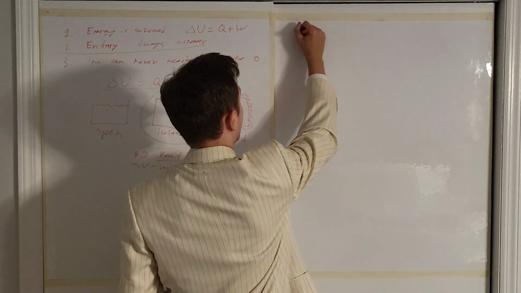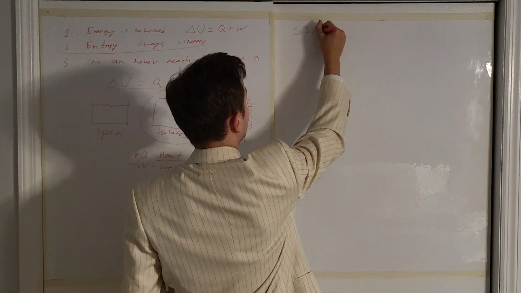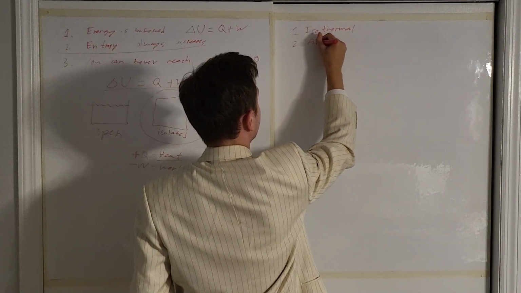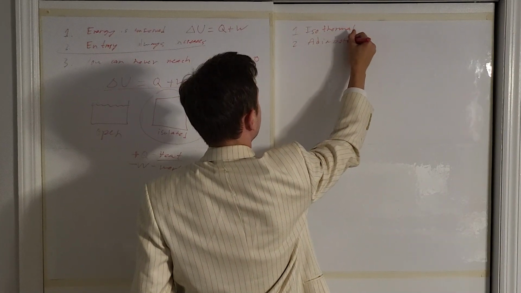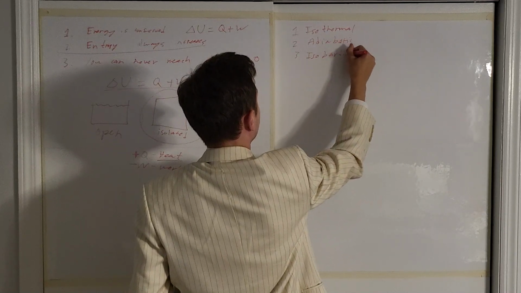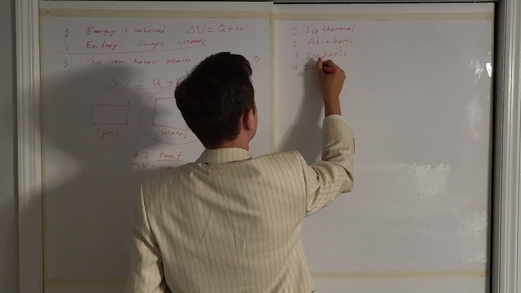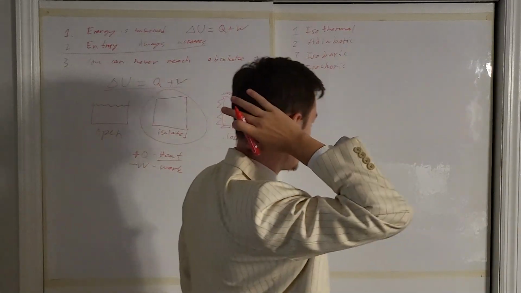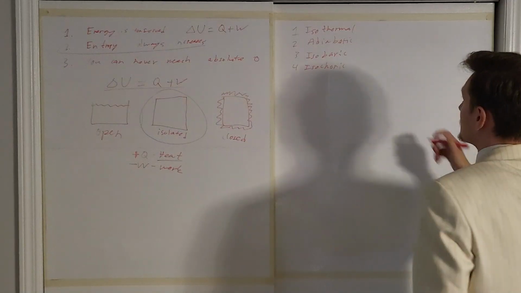You have 1, the isothermal, 2 is the adiabatic, 3 is the isobaric, and 4 is the isochoric, okay? Let's translate each of these words into English, because you're going to have to memorize what these mean.